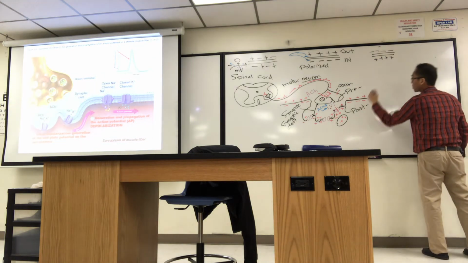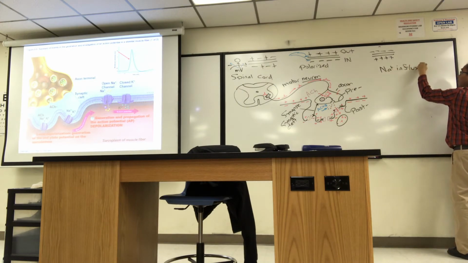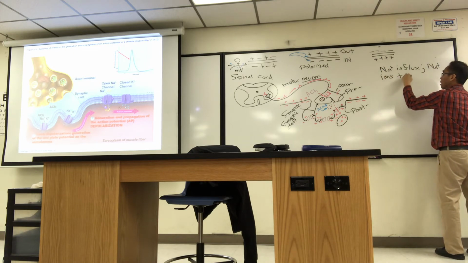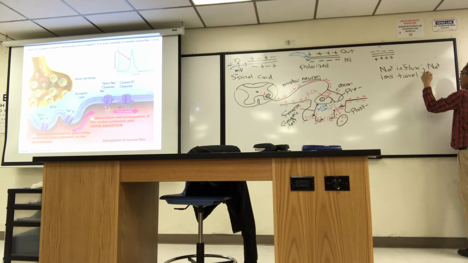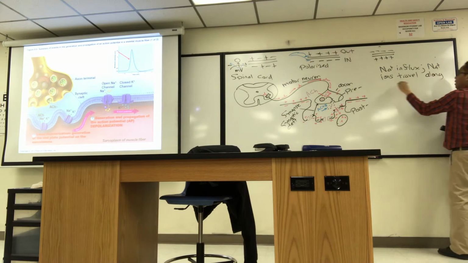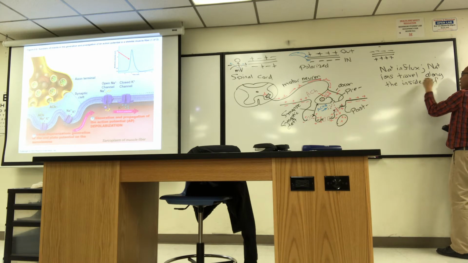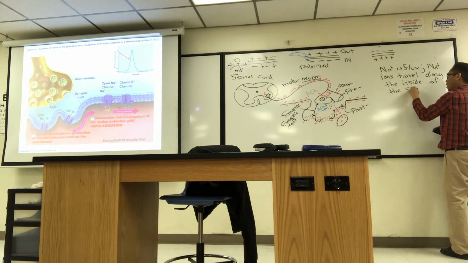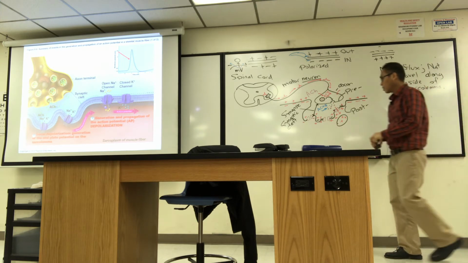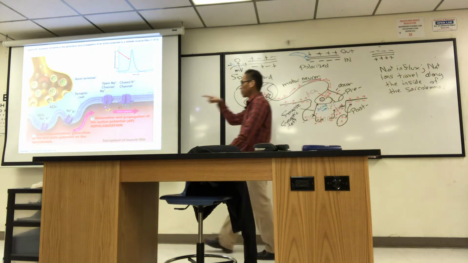So this positive charge here, the sodium influx, sodium ions travel along the inside of the sarcolemma. So this positive charge, it'll just go towards negative, and it'll just travel along. That's what they show you here, okay?